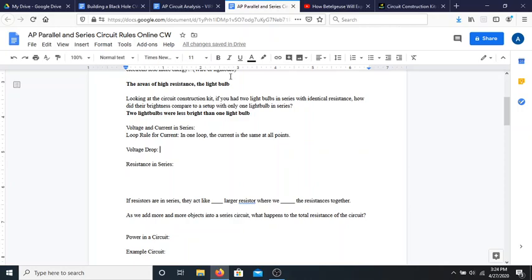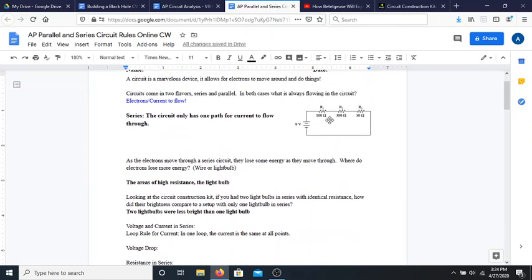Okay? And what that means is that when you go through a series circuit, you have to drop down to the level of 0 by the time you get through all the resistors or light bulbs.